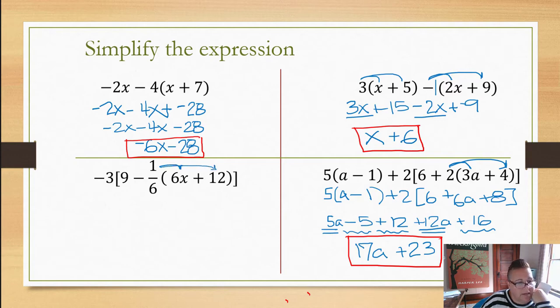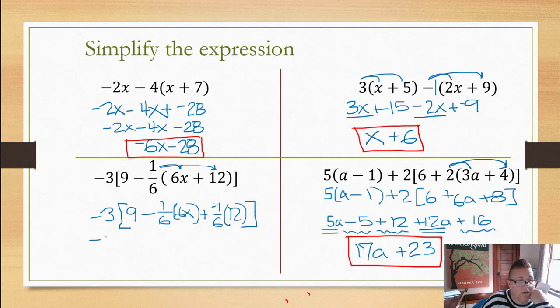All right, so that -3 I'm going to leave. Square bracket, same as a parentheses, 9 minus 1/6 times 6x plus -1/6 times 12.